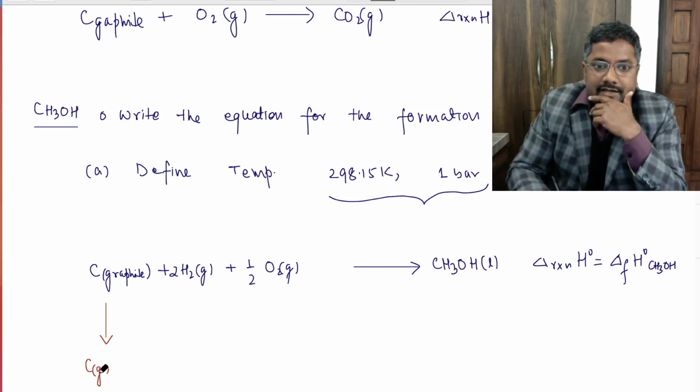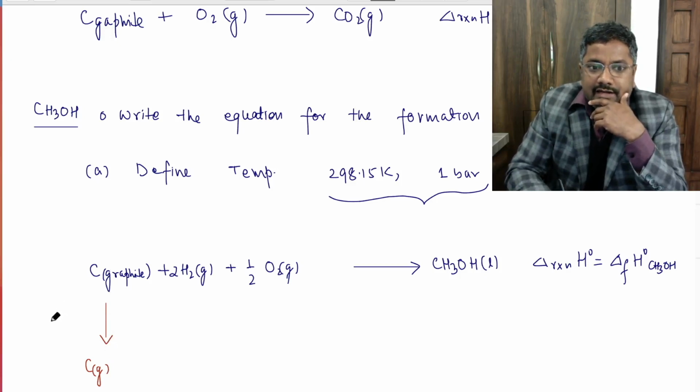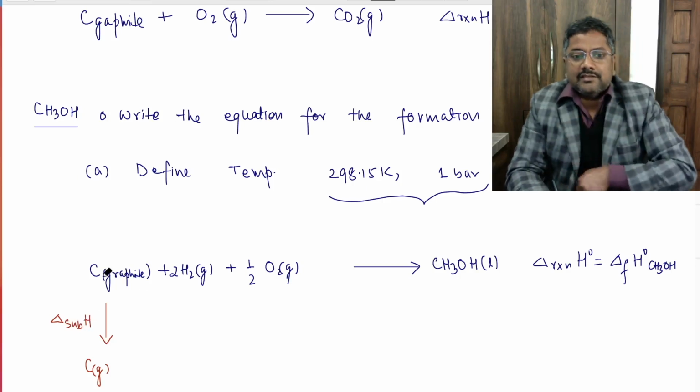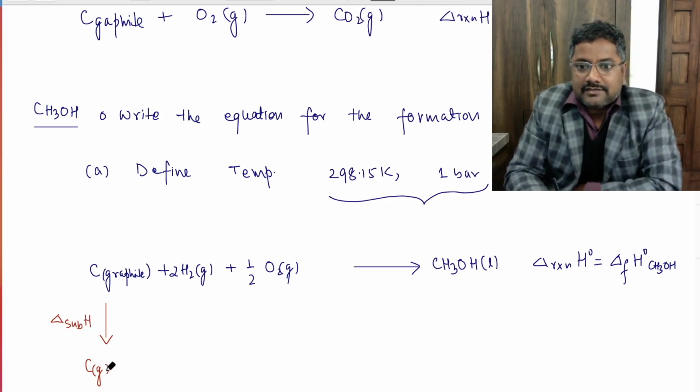And I have written here directly gas. So solid to gas: I am combining two steps here. Delta H sublimation means carbon graphite to carbon gas. Sometimes the examiner may give you the enthalpy of sublimation as well.